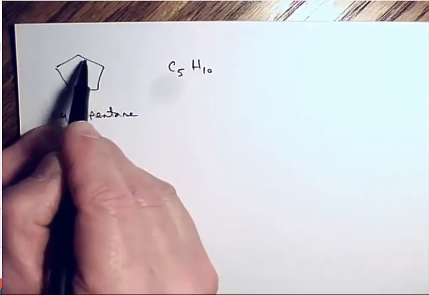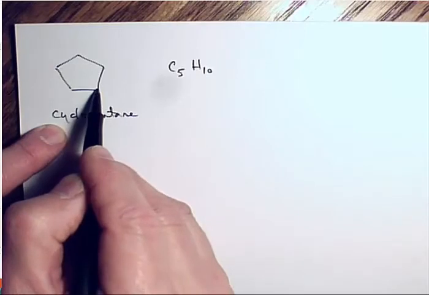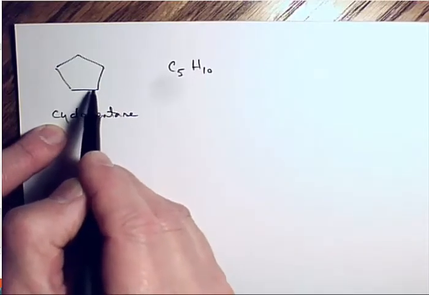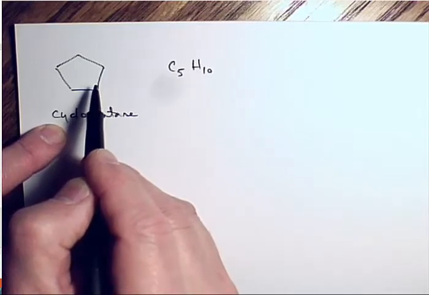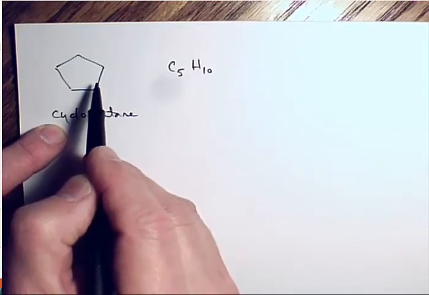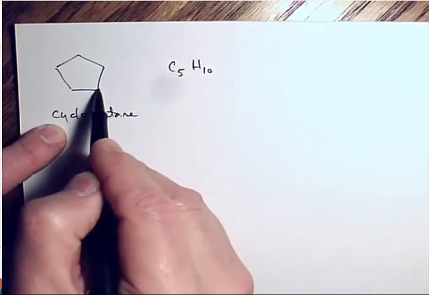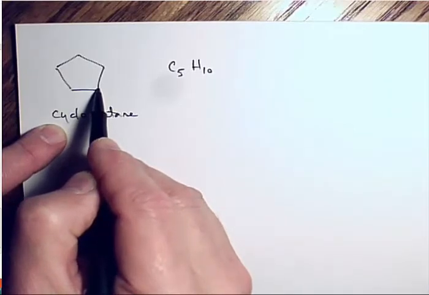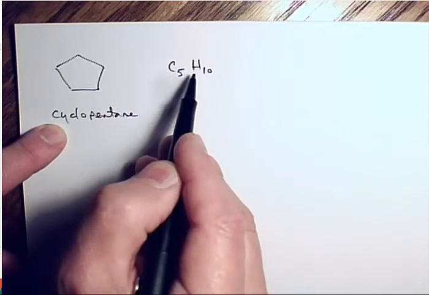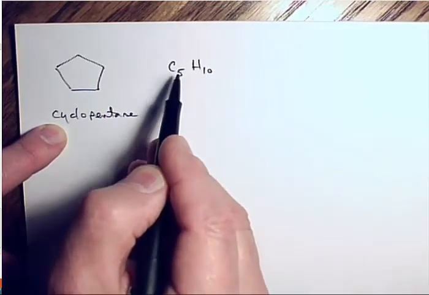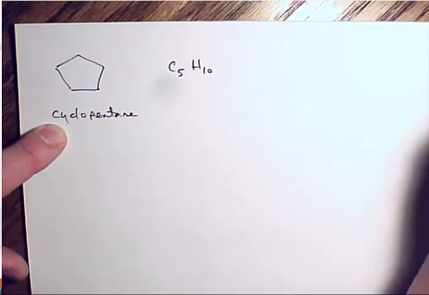We're only showing single bonds. So each of these carbons has 2 bonds going to it. I need 2 more bonds, and so you terminate that with a hydrogen. Remember, hydrogen is our terminator. So each of these carbons then has 2 hydrogens on it. So the molecular formula is just C5H10, because it has 2 hydrogens for every carbon.